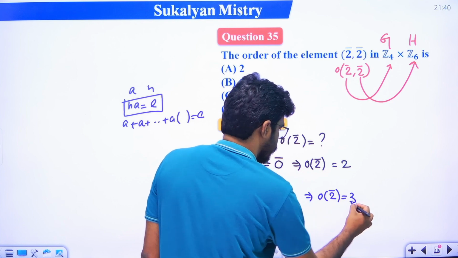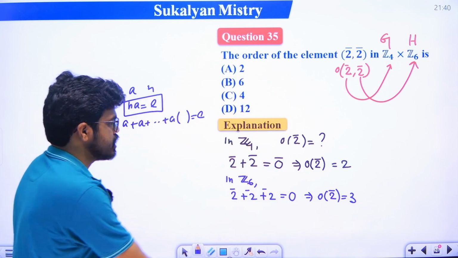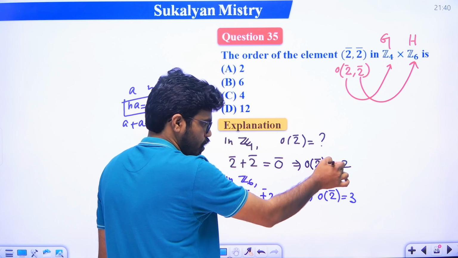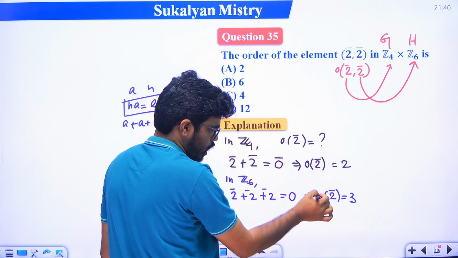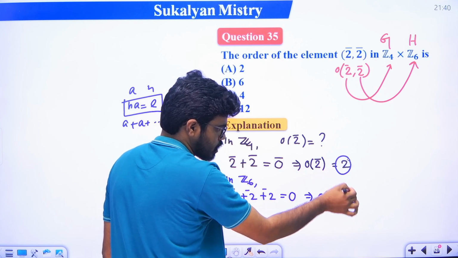is 3. So the LCM of the order of 2, that is 3, and the order of the other element, that is 2, LCM of 2 and 3 means 6.